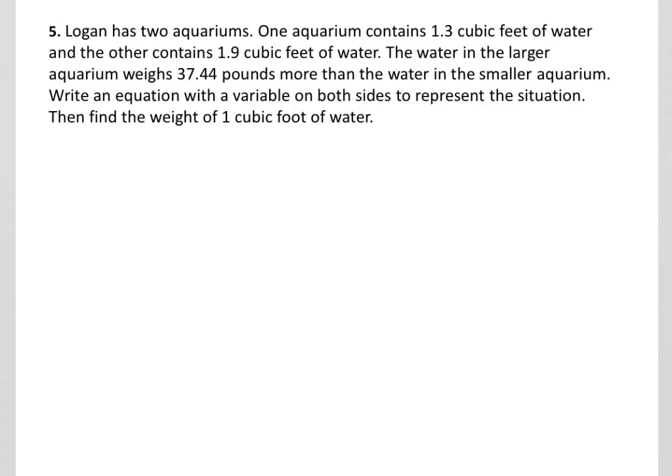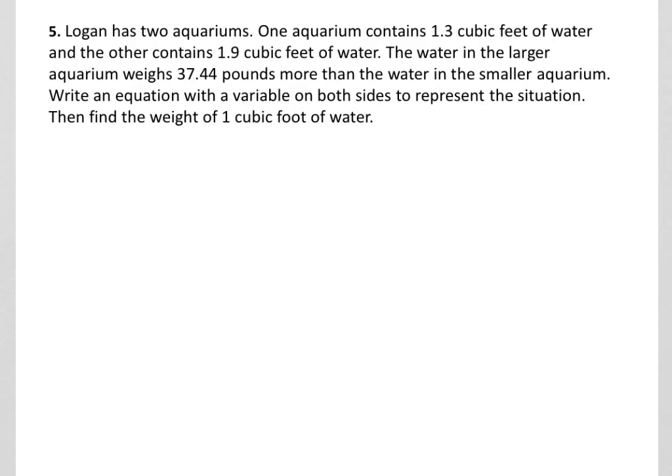Well, if I look correctly, I see that one aquarium contains 1.3 cubic feet and the other one 1.9. The 1.9 is the larger amount.